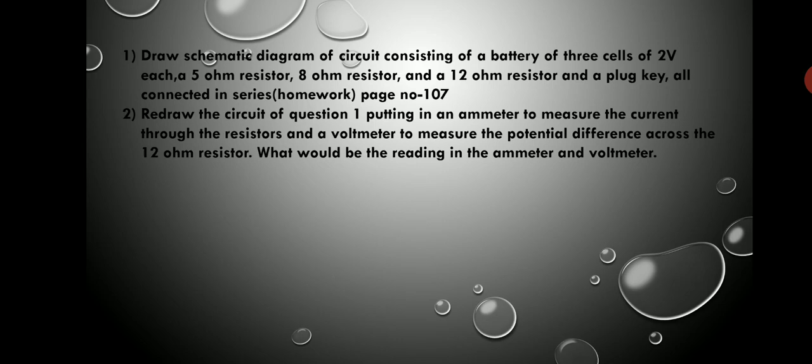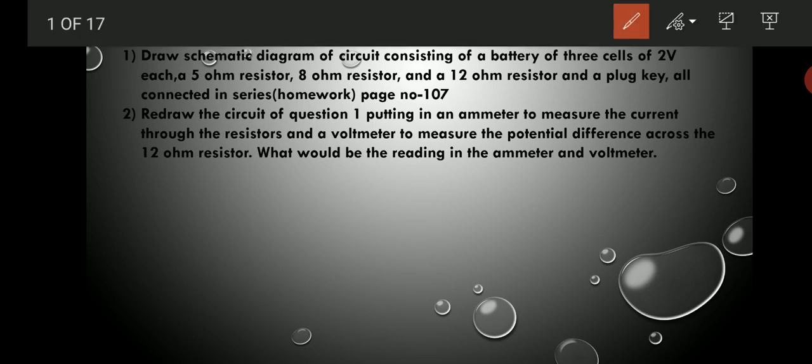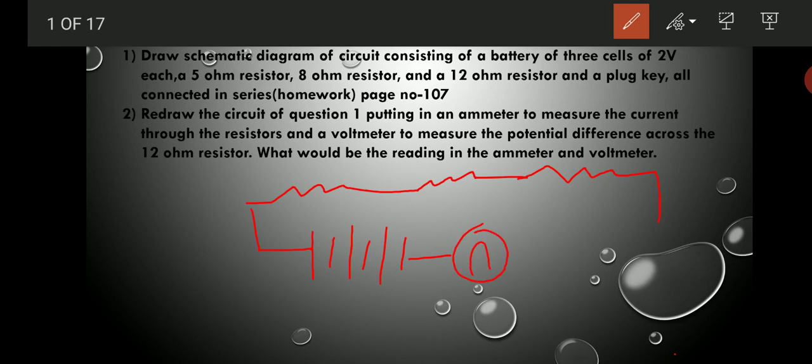Now I'll just draw a rough diagram. These are the 3 resistors and they are connected to the battery of 3 cells, and then the ammeter.